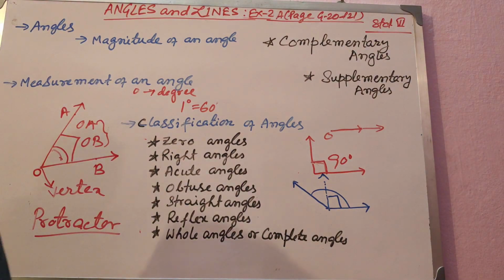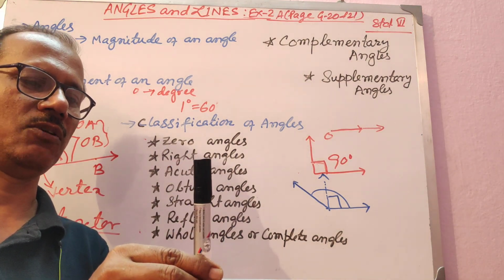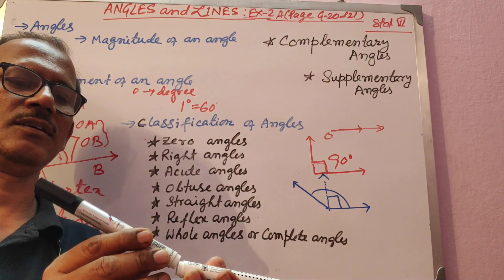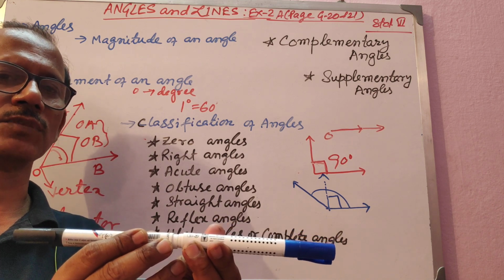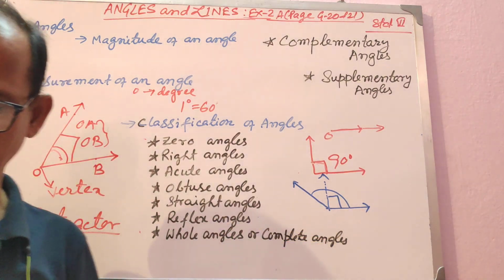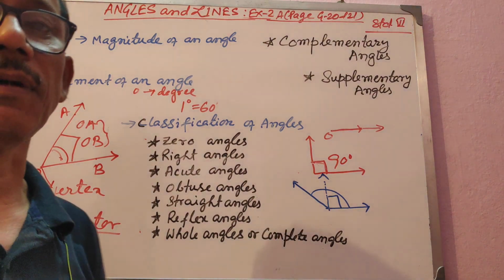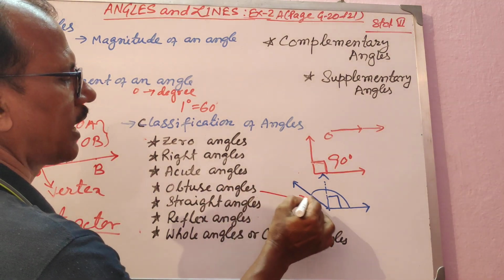That means when the angles are more than 90 degrees and less than 180 degrees, 180 degrees I will tell you later, till it comes to a straight line which forms the 180 degree angle. When the angle magnitude is more than 90 degrees but less than 180 degrees, they are called obtuse angles.